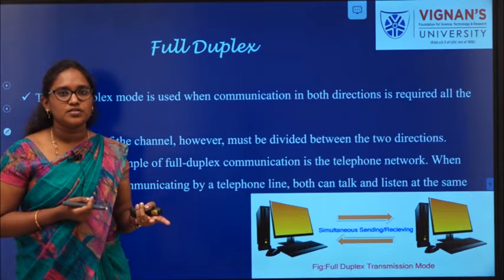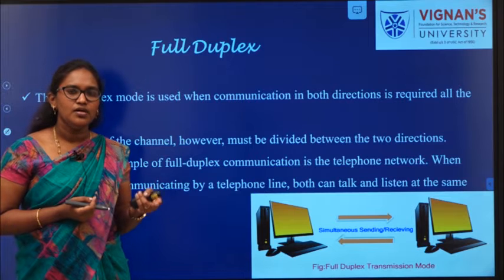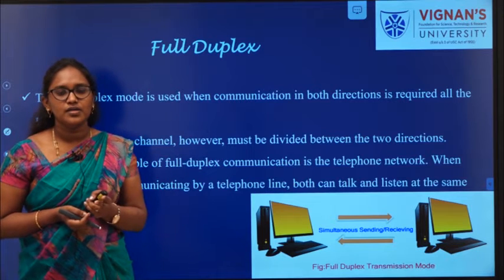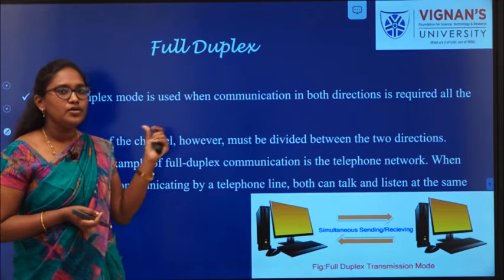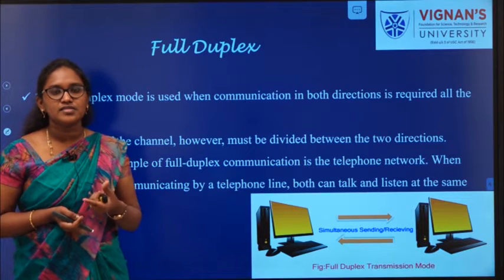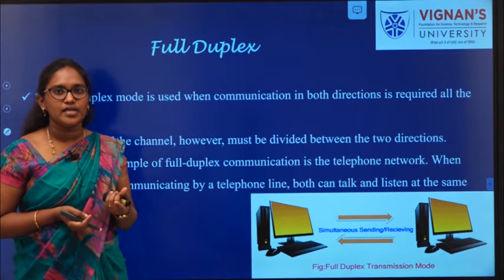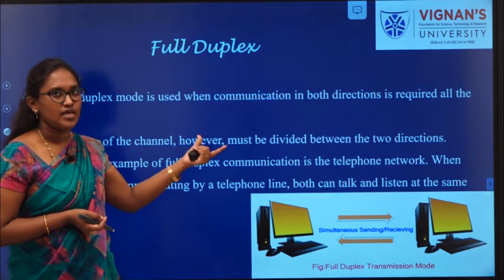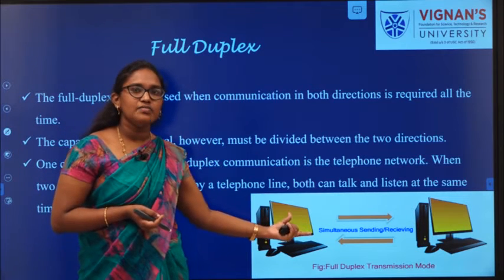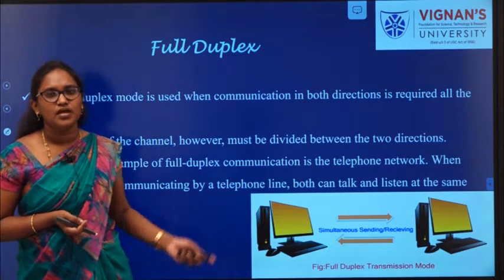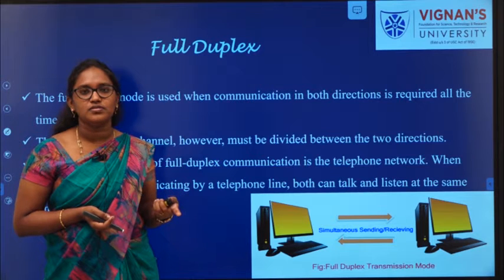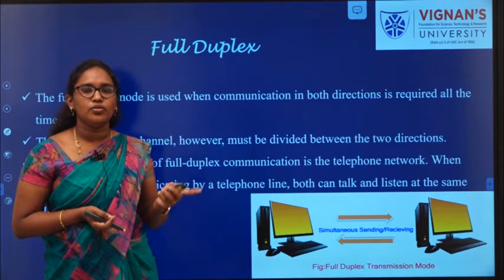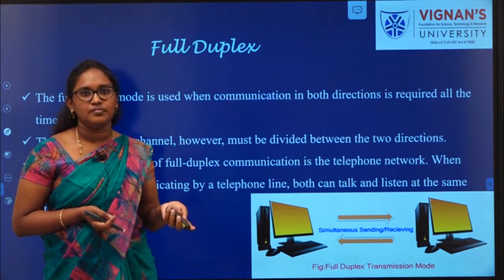Half duplex means communication is possible both from sender as well as receiver, but not at the same time. Full duplex means sender and receiver will start communicating at the same time. A real time example for full duplex is whenever two people are talking on mobile phones. So both can speak at the same time, right?